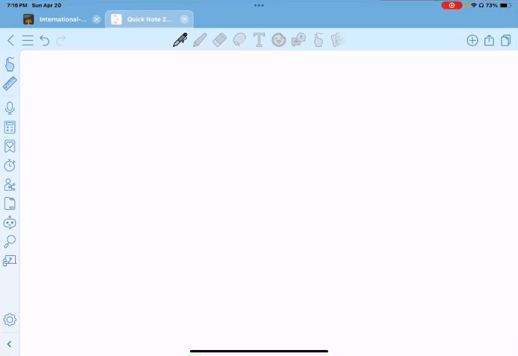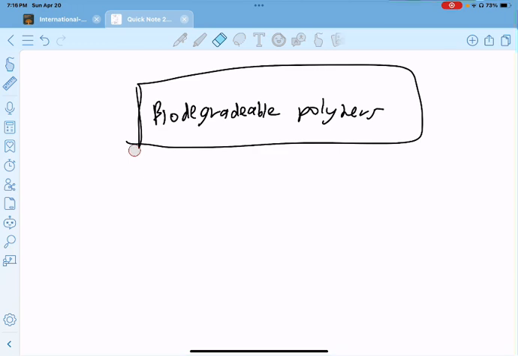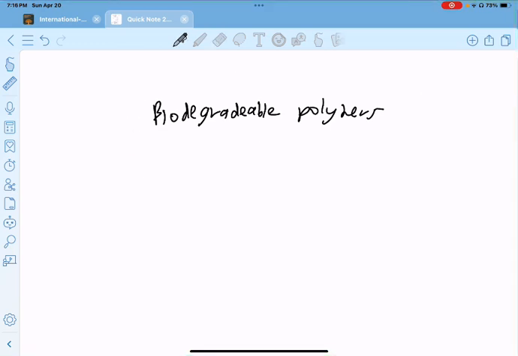So, why are some polymers good? If you are asked about the biodegradable polymers, why do people use these days over regular polymers? It's because this is biodegradable. And then they'll ask you what is meant by biodegradable?